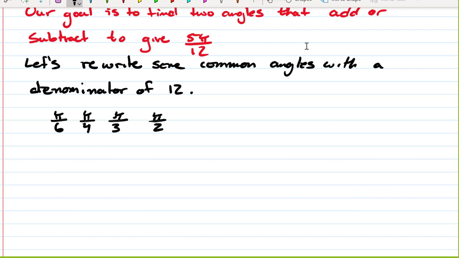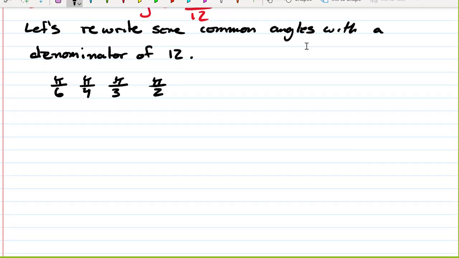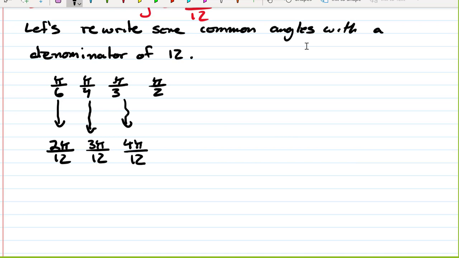If I rewrite these with a denominator of 12, I would build my first fraction, pi over 6, by multiplying the top and bottom by 2, so that's 2 pi over 12. The second fraction would need a 3 to get 12, so that's 3 pi over 12. This fraction, multiplying top and bottom by 4, gives 4 pi over 12. And lastly, pi over 2, I'd multiply the numerator and denominator by 6, so I get 6 pi over 12.